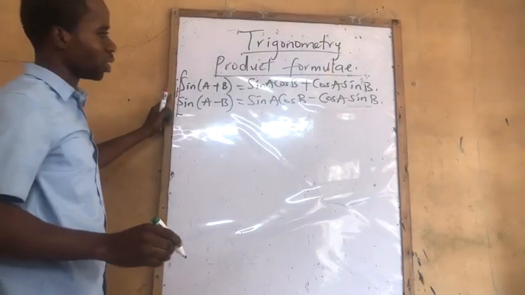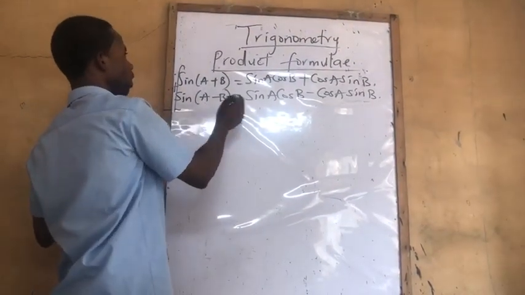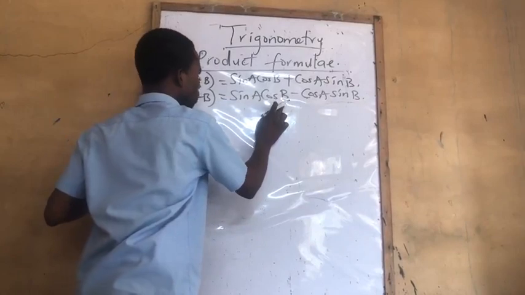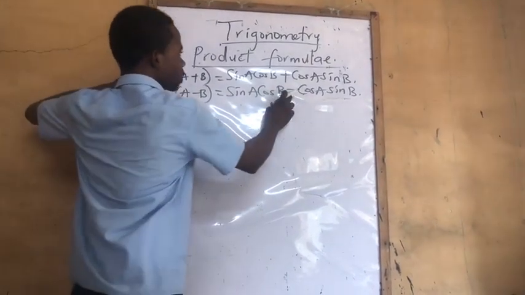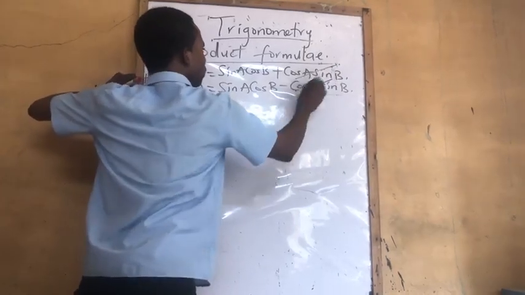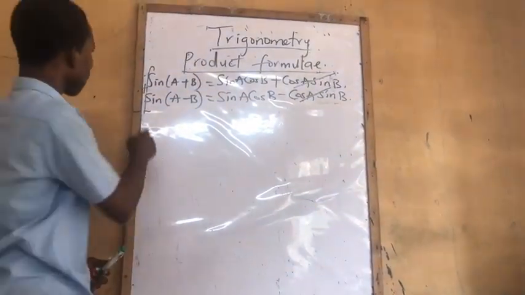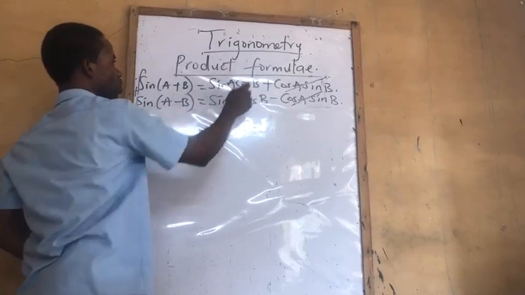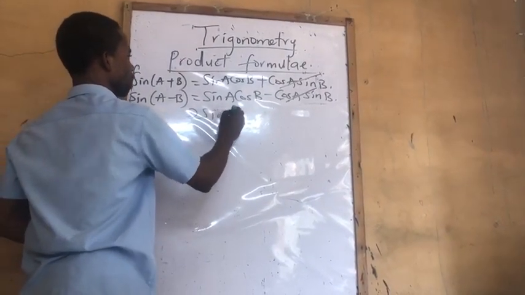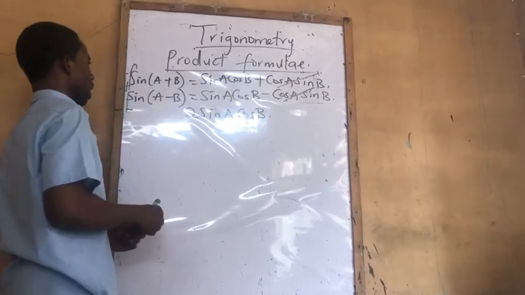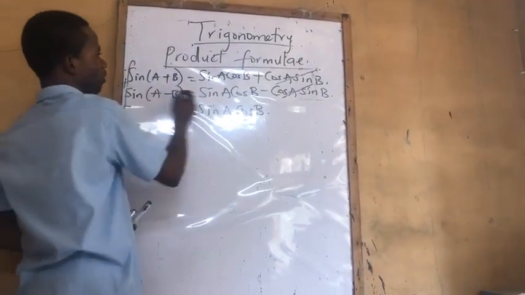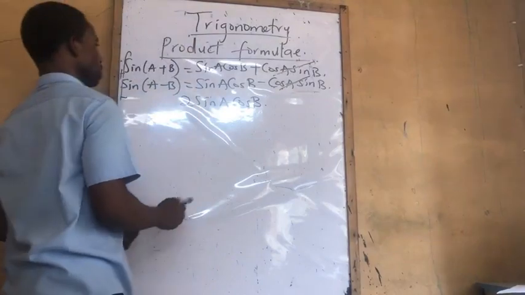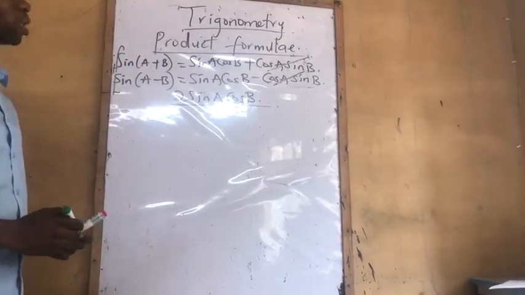If you add them together, you are going to have sine A cos B plus sine A cos B. Plus times minus is still minus, so the cos A sine B terms cancel each other. Adding these two, which are the same thing, gives me 2 sine A cos B.